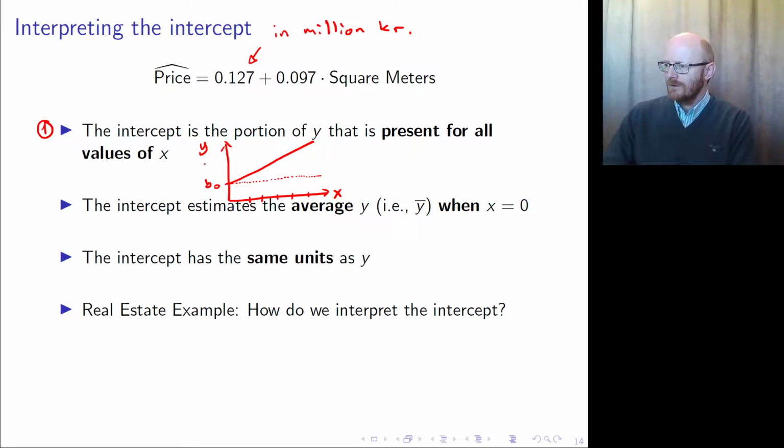For example, if we look at the real estate example, how do we interpret the intercept?